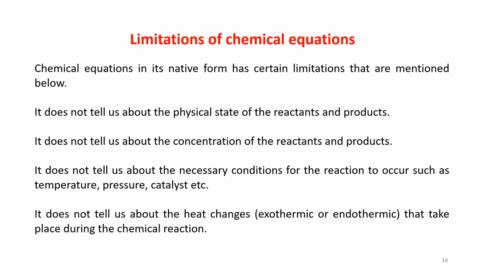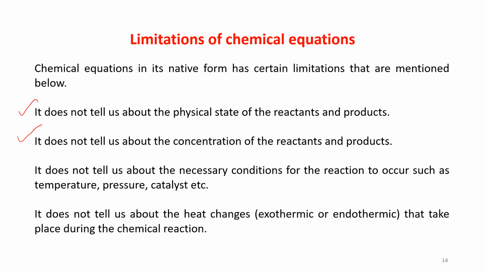Now we will see some limitations of chemical equations. Chemical equations in their native form have certain limitations that are mentioned below. The first one is, it does not tell us about the physical state of the reactants and the products, whether they are in gaseous state or liquid state or solid state. It does not tell us about the concentration of the reactants and the products.